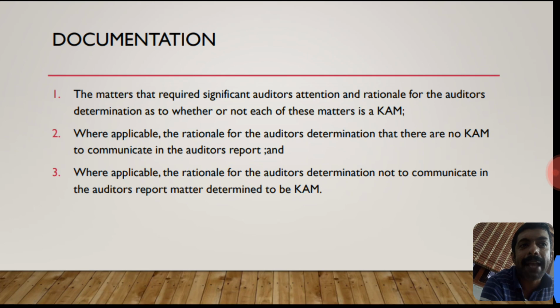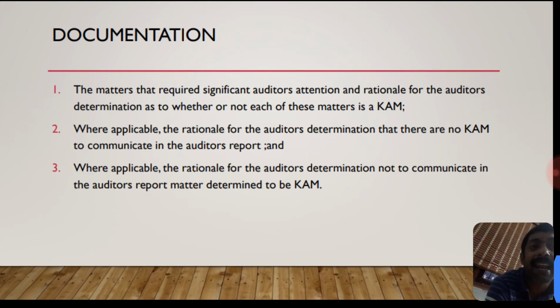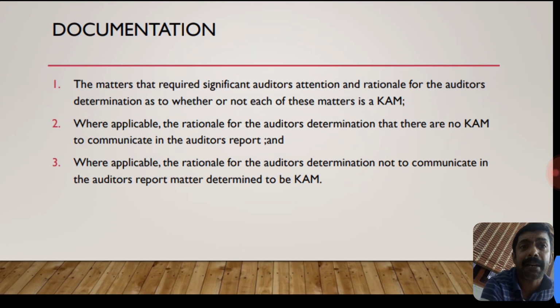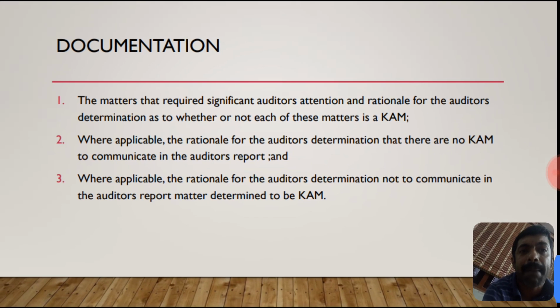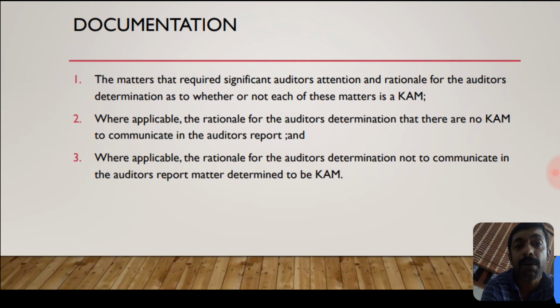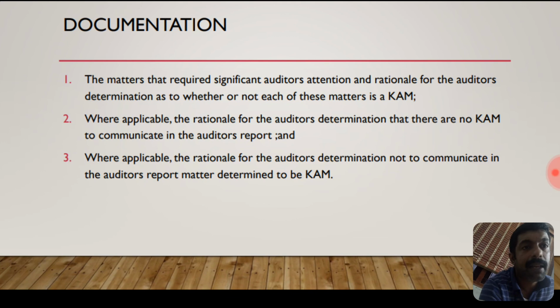And the rationale for the auditor's determination as to whether or not each of these matters is a key audit matter. Where applicable, the rationale for the auditor's determination that there are no key audit matters to communicate in the auditor's report has to be documented.